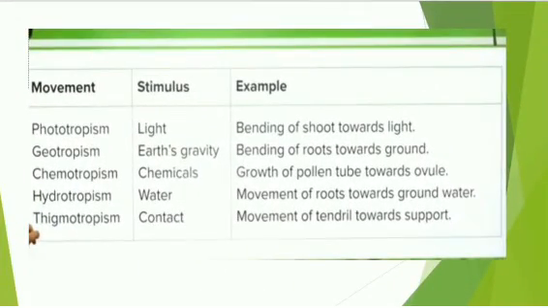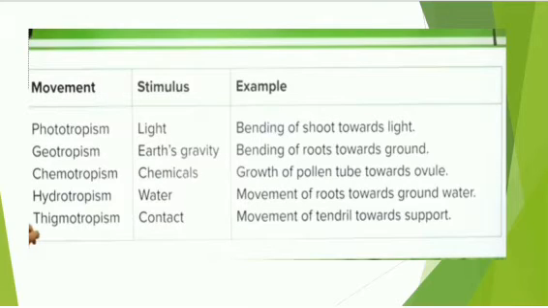See, here you can go through this. Here the movement is given in one column. This is the stimulus. Stimulus means the change. And examples are given. For phototropism, the stimulus is light, and the example is bending of shoot towards light.